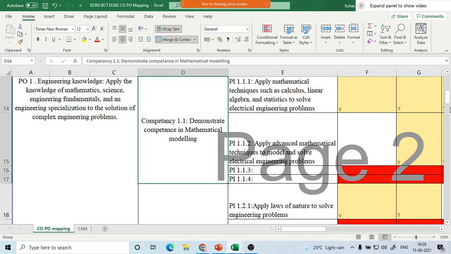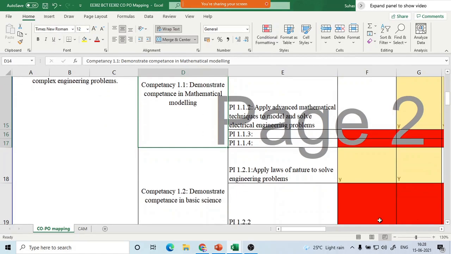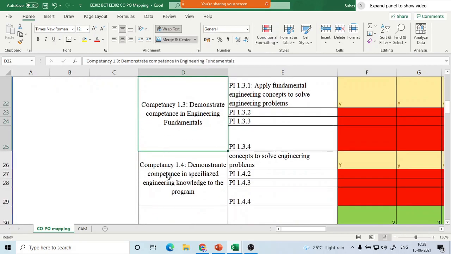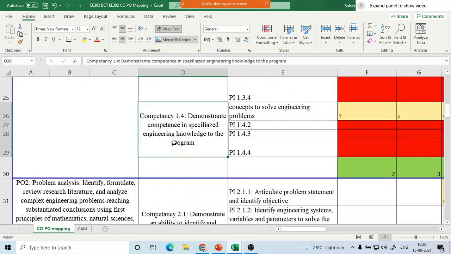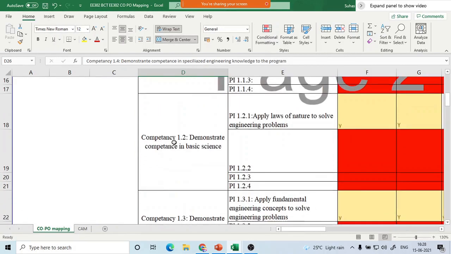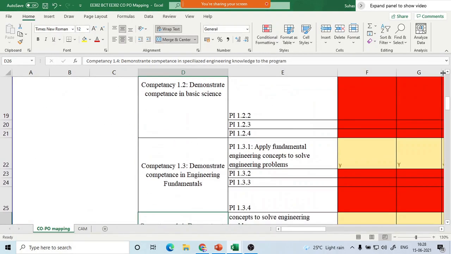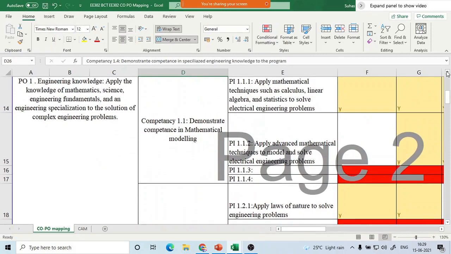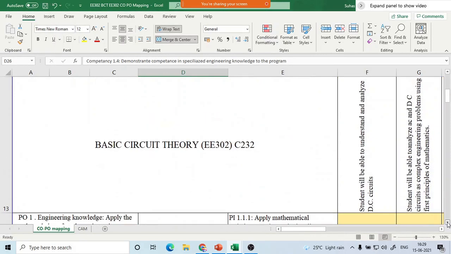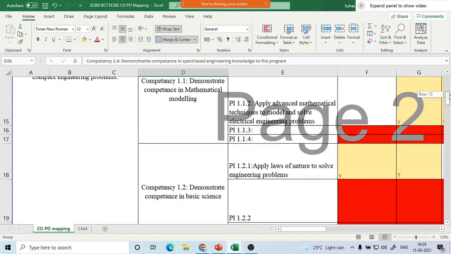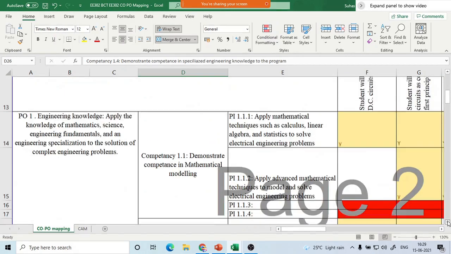Then competency level 1, competency level 2, and then competency level 3, 4, like this. I can have 3 to 4 competencies for this. For each competency, I will have certain performance indicators.